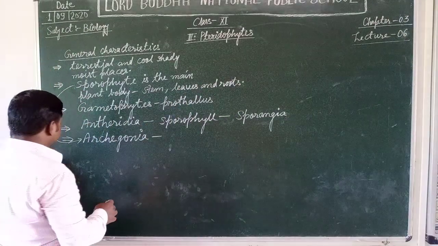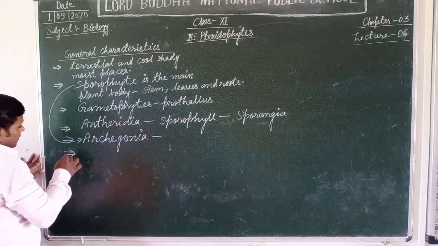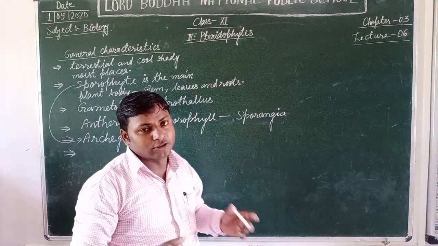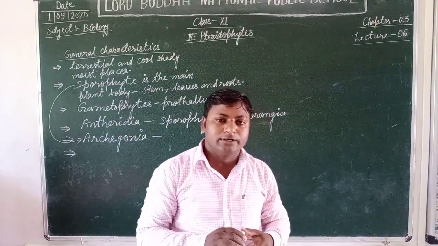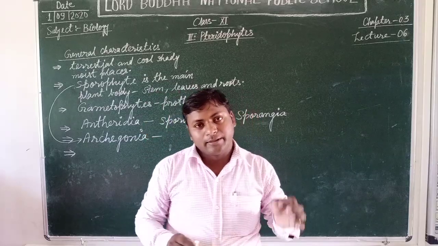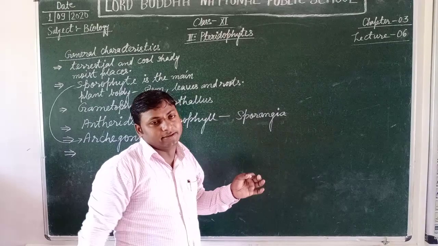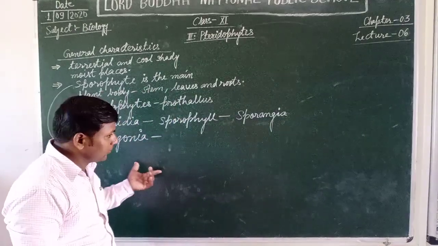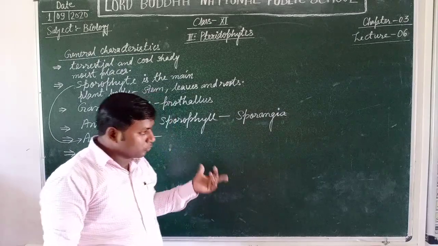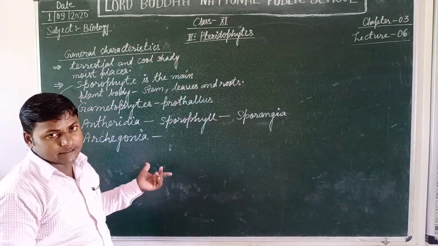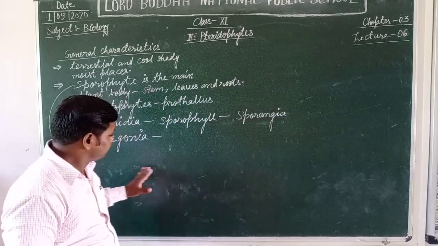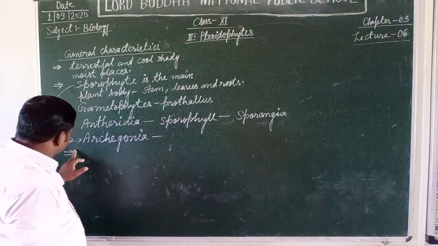Now students, the pteridophytes are regarded as the first terrestrial vascular plants, because they possess differentiated xylem and phloem tissues in their roots, stem and leaves.